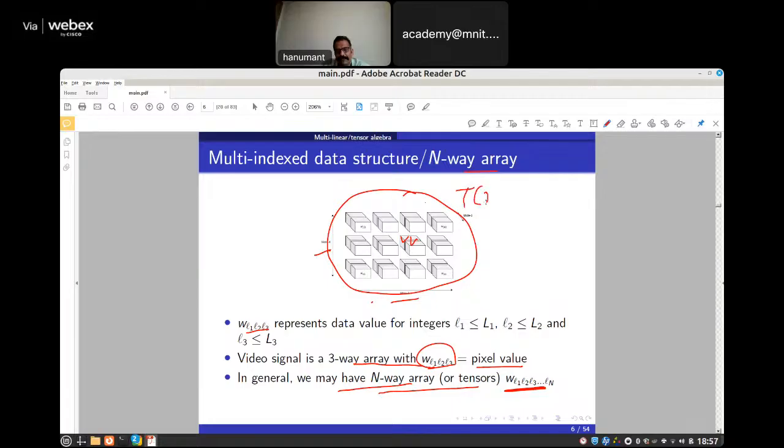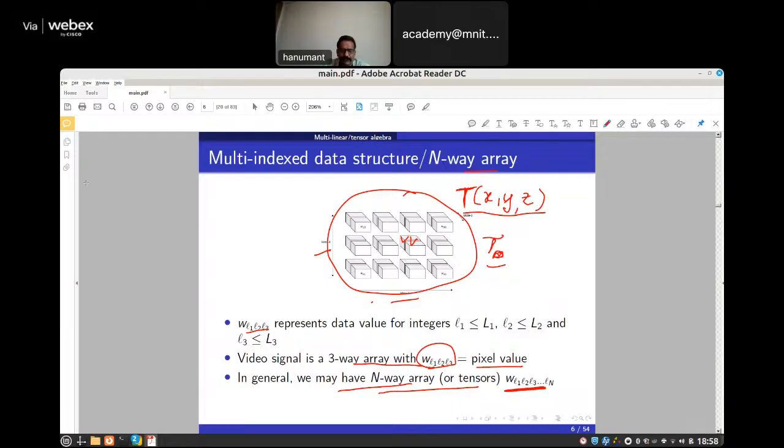So what is a multilinear functional? All of you know linear, I hope. Let's say this entire tensor is T data. This entire three-dimensional arrangement is T_D, and there is a multilinear functional T(x, y, z).